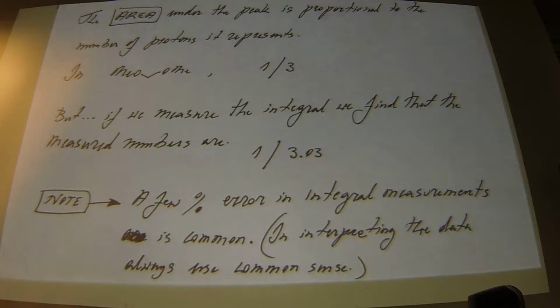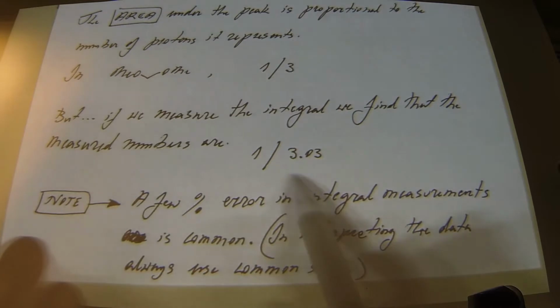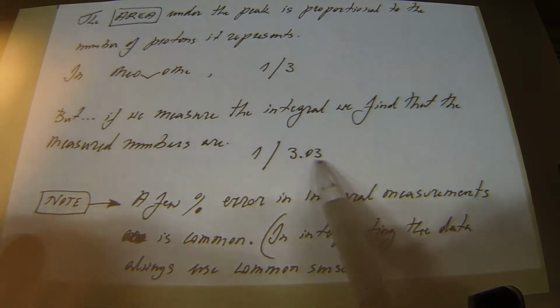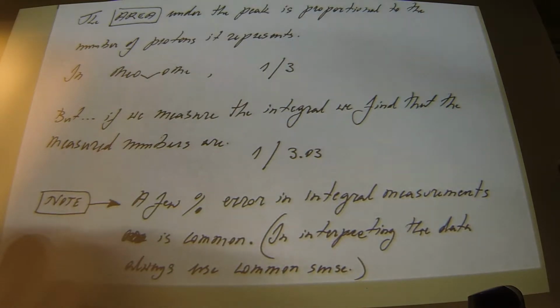So don't expect the integrals to come out exactly spot on, right? You need to use a little bit of judgment here. And it becomes kind of tricky sometimes if it could go one way or the other. I mean, it's 3.03. None of us have any trouble saying that's probably 3. But if it's 3.5, or 3.55, then we think, is that 4 or is it something else?